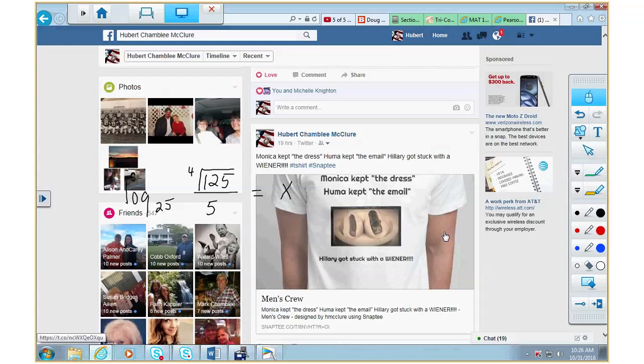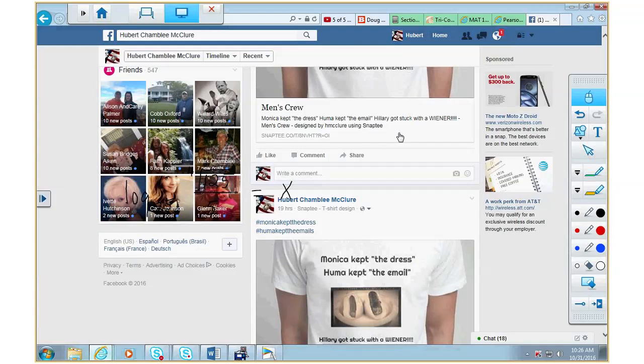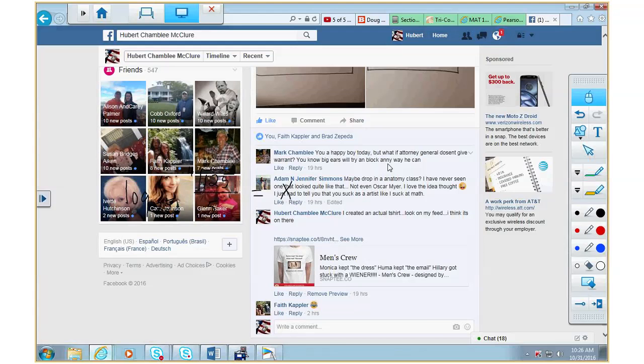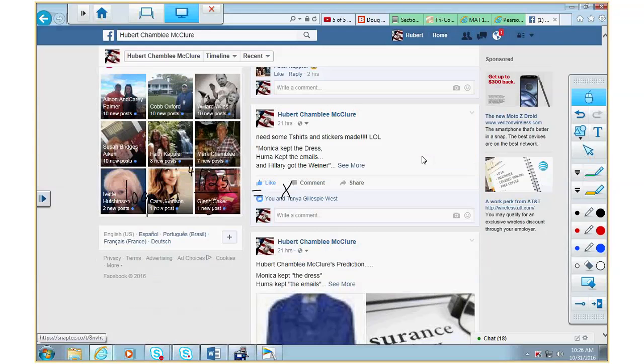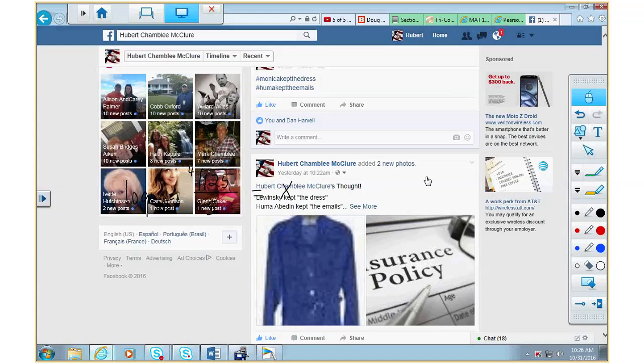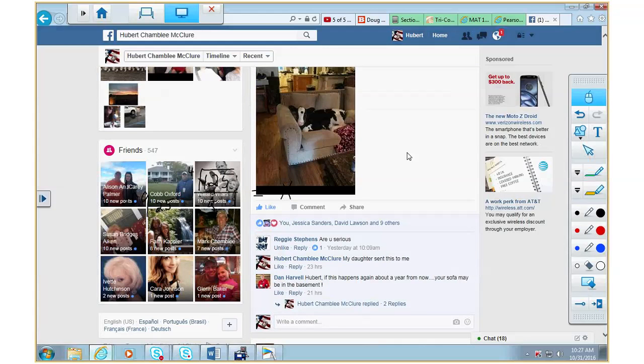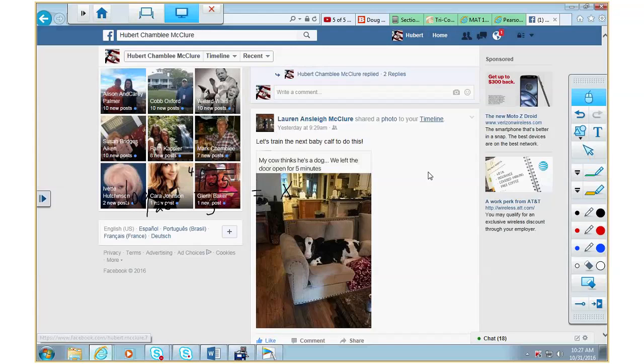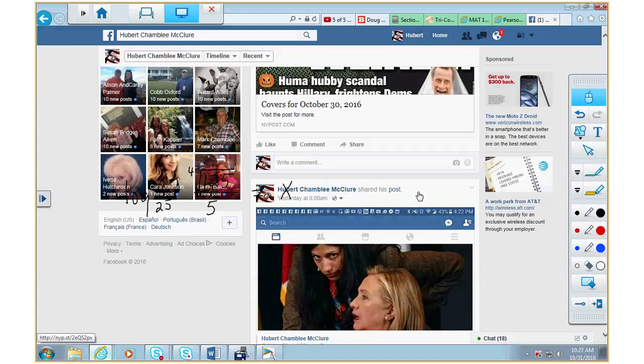Monica kept the dress, Huma kept the email, Hillary got stuck with the wiener. I made that. Thought that's cute. There's my rough draft. Let's see, where is Joe? There's my baby calf that I got in the house. No, I'm just kidding, that's not mine. There he is.